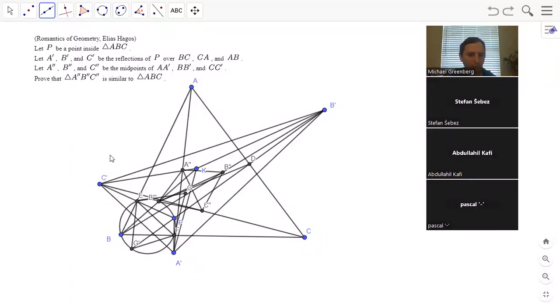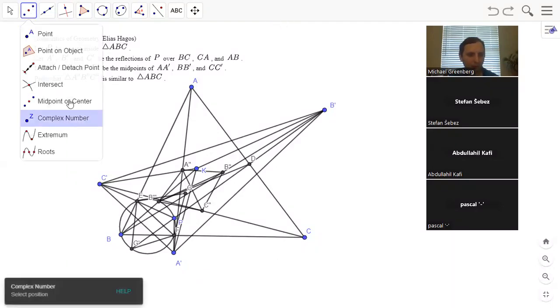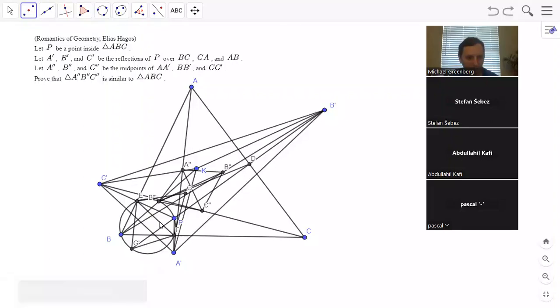Okay, so the midpoints of EF, and so this would be kind of interesting. So we take this midpoint and this midpoint, so HI. And then what if we took the midpoint of this, I don't think this is going to turn out similar. Midpoint of this. No.